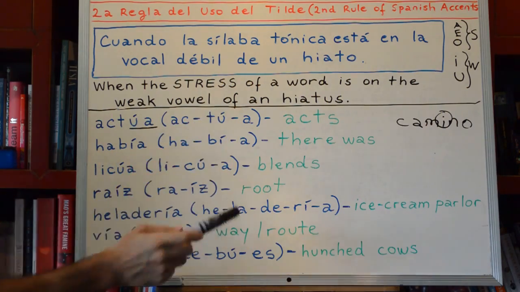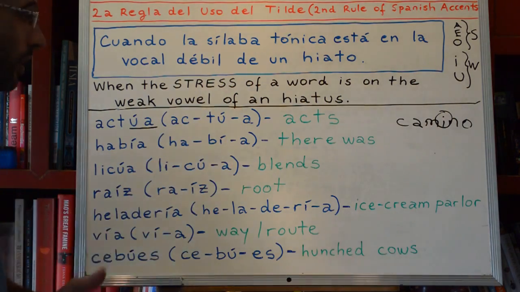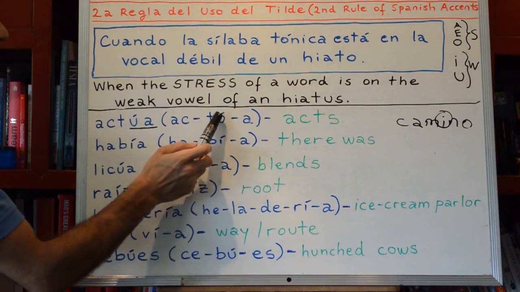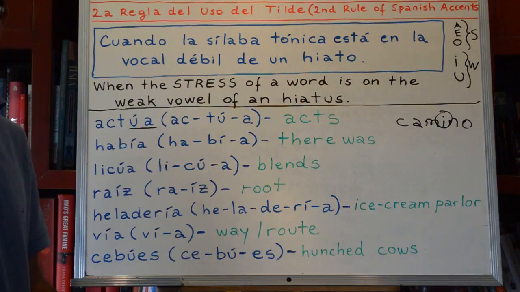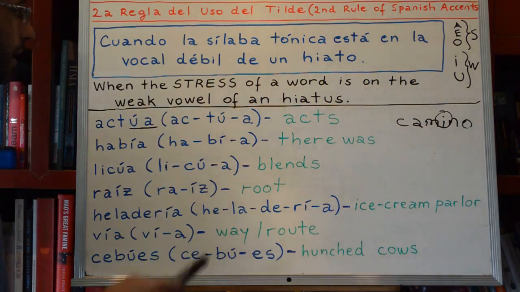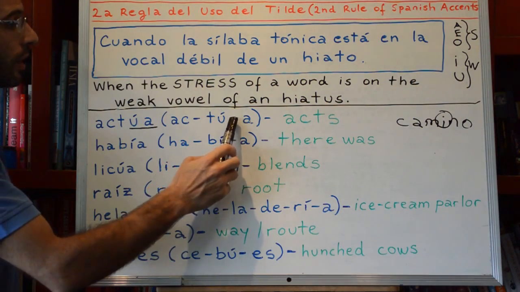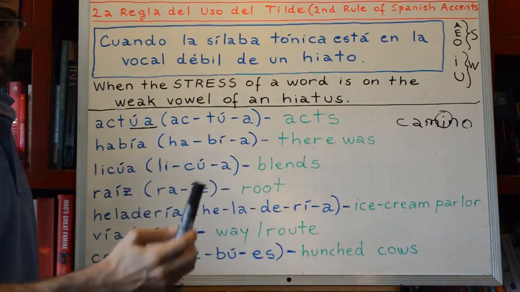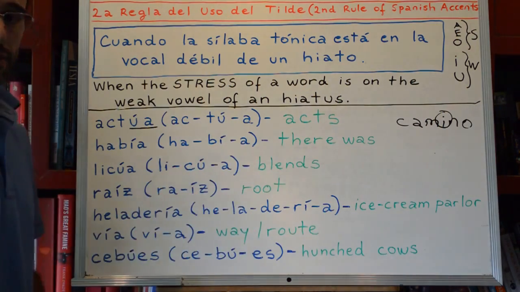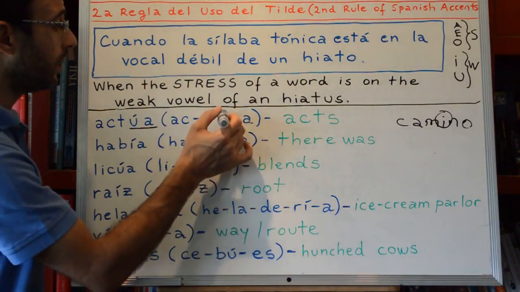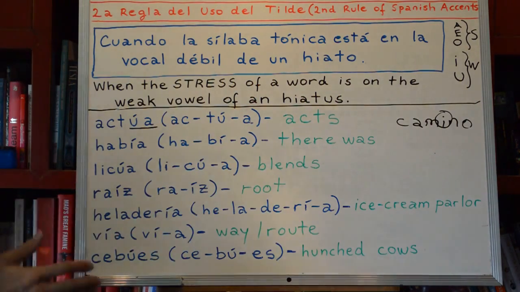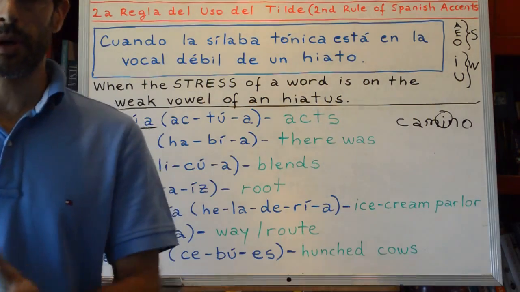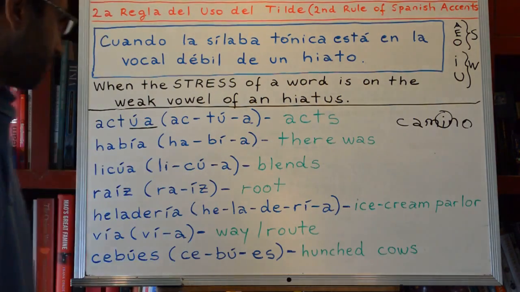The accent, the intonation or the stress is on the weak vowel, right? Therefore the weak vowel becomes strong, okay? And therefore we have, instead of a diphthong, an hiatus. And the weak vowel carries the tilde, okay? So, I'm assuming you do remember our previous lesson.